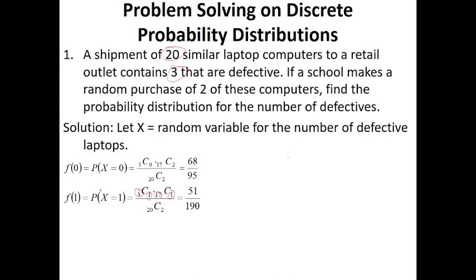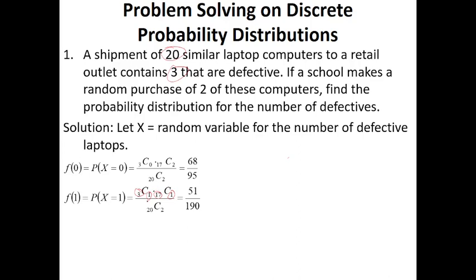Okay? Because the requirement in the problem is the probability that the random variable x is equals to 1. So one defective laptop. So if I will select two laptops, okay, one should be defective and one should not be defective. Okay, that's why our solution is like this. Okay, 3C1 times 17C1. Okay, take note I use multiplication because recalling probability rules, no, this is not an option.